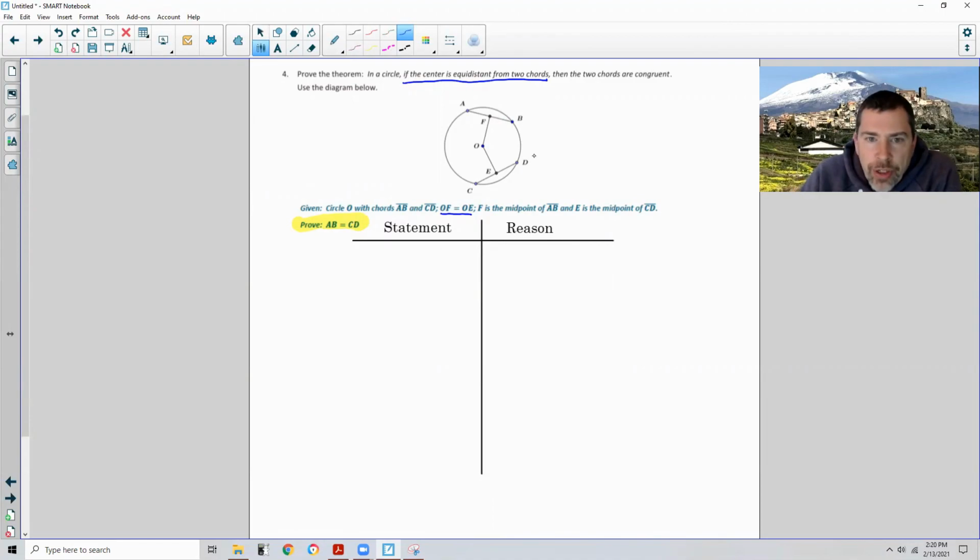So the first statement we're going to say is our given. OF equals OE. Reason, given. Okay, and I'm going to label my diagram. OF equals OE. All right, now we're going to say OF and OE are portions of diameters.